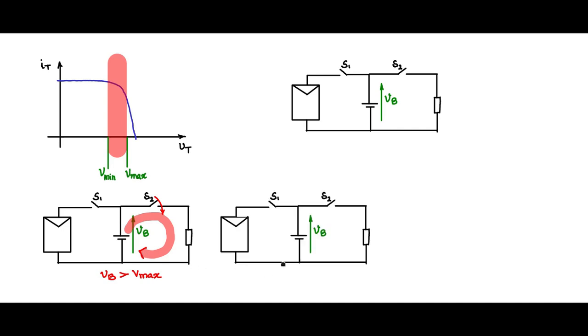In the second mode, we had the condition battery voltage VB less than Vmin. So the battery voltage is less than Vmin, meaning it is in this region, and the operating point will be somewhere here. We need the battery to charge up, which means we need switch S1 to be on and S2 to be off, and therefore only S1 will be connected and the battery will be connected to the PV panel and get charged up.